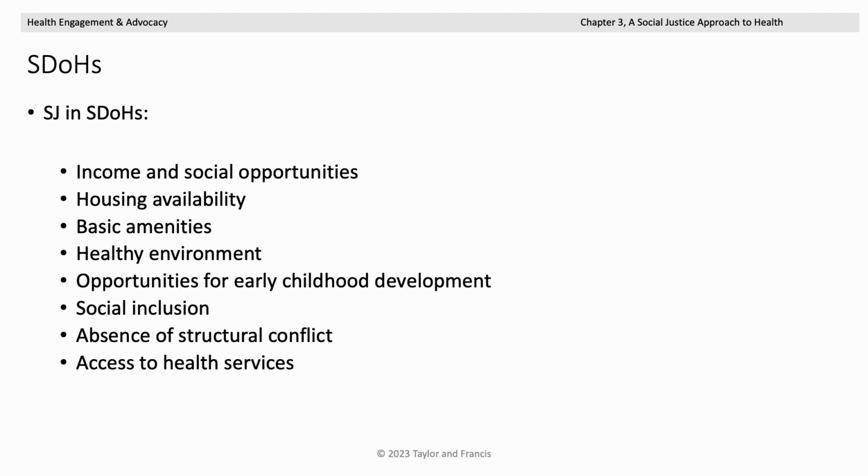Notice how specific this list is. It is concrete. This is what distinguishes a social justice approach from a descriptive approach, such as that taken in public health. It names what a just distribution of these conditions would actually look like.